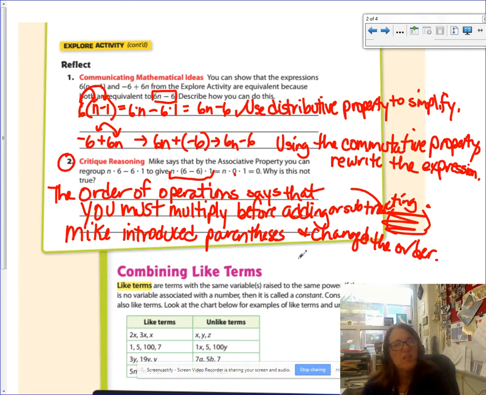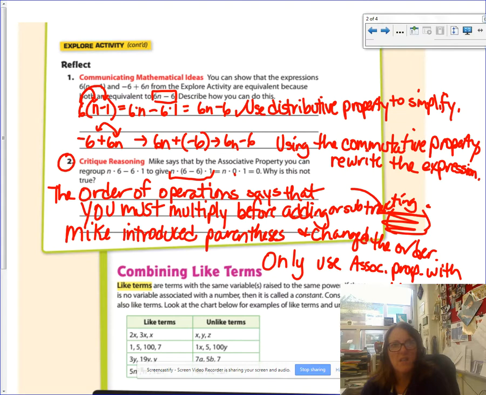In addition, you can only use the associative property with addition or multiplication, but not both. And definitely not with subtraction. Okay, so you see what's going on? There's multiplying and subtraction, and you can't just at will put parentheses in, move them all over, and reconfigure your problem that way. It's not allowed.